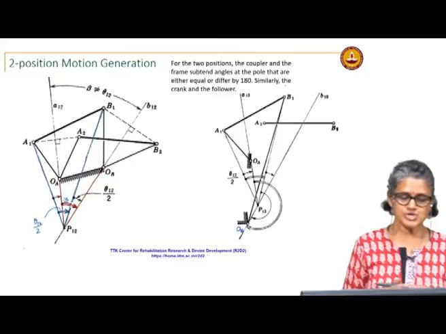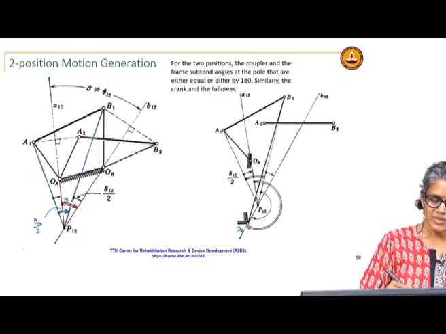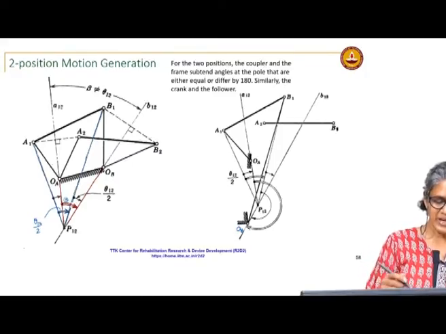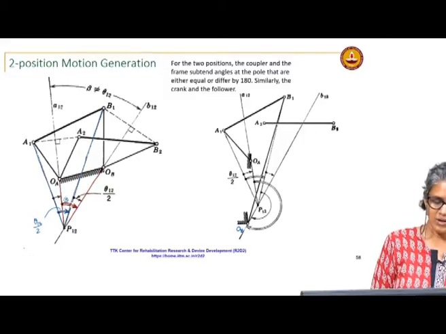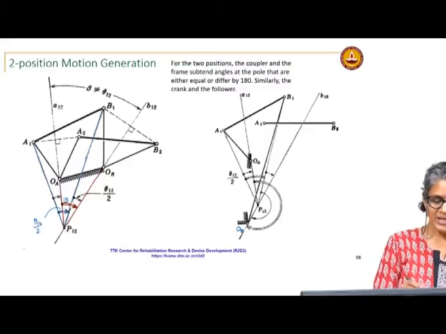And you can also show that the crank and the follower subtend... So, here obviously you can see the crank subtends an angle of theta 12 by 2. Okay.